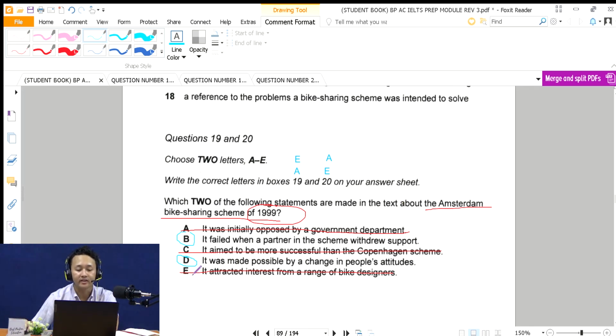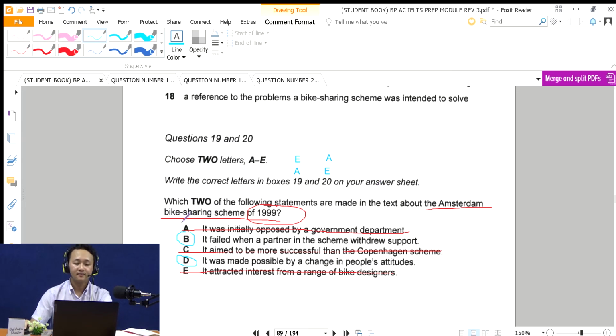That's why the answer is B and then E. Now, when you write the answer on your answer sheet, remember you can put the answers in any order as long as you write it clearly. So B capital letter, E capital letter. Okay, that's how you do it.